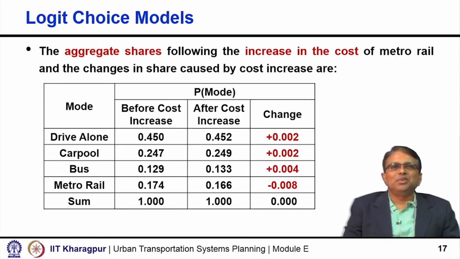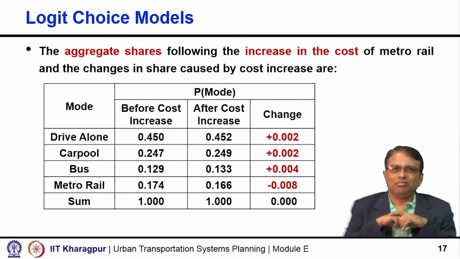So, I show you, before cost increase, the probability values for drive alone, car, bus, metro rail, and now after cost increase, with this new set of equations which include automobile ownership, how the probability values look like for drive alone, carpool, bus and metro. And I show you that overall aggregate level, what is the change.